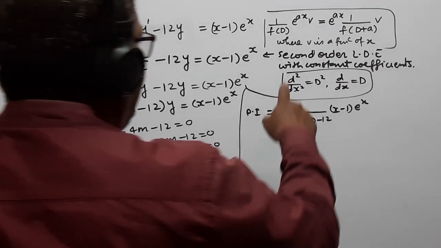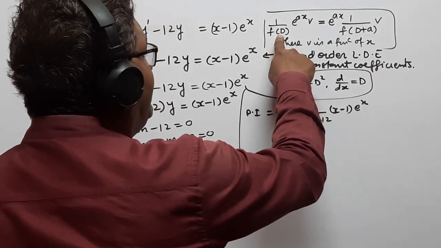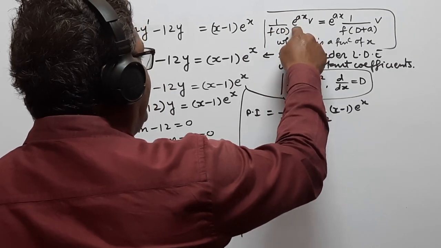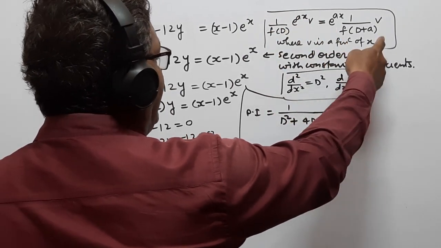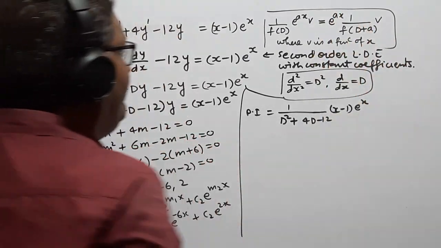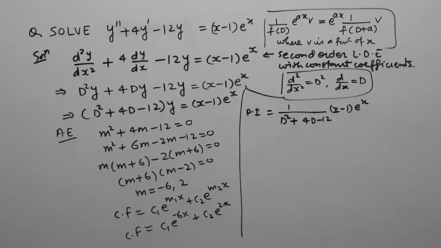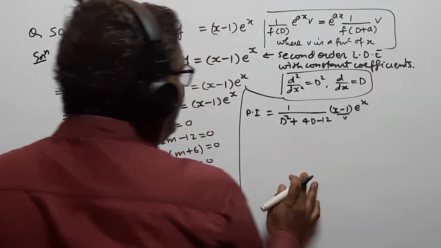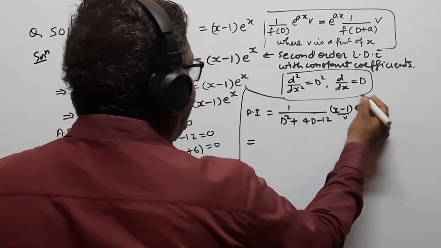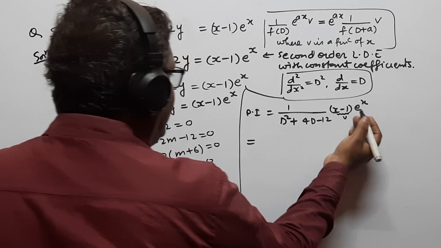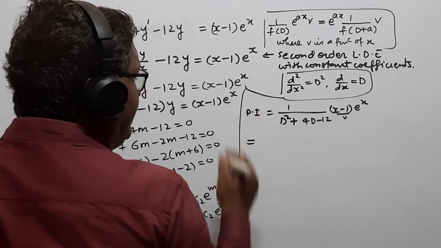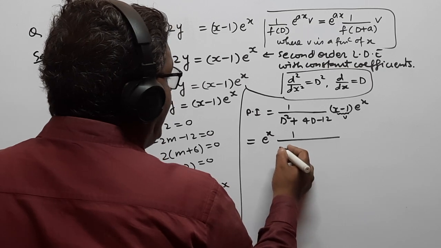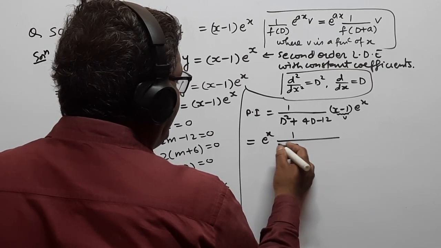Always we replace D by D plus a, take e to the power ax outside, and find the particular integral of v, which is a function of x. Here this is v. So when we take e to the power x outside the particular integral, we replace D by D plus 1.